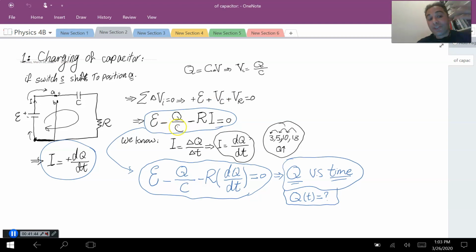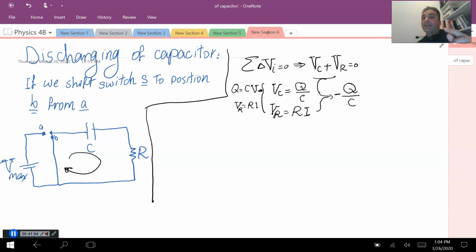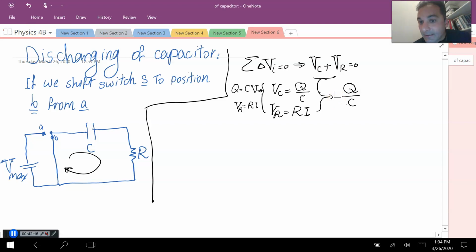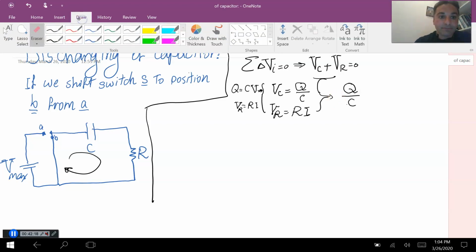Because when we charge a capacitor, the capacitor consumes energy, so it's negative. But when it is discharging, the capacitor acts like a very strong battery. So it's not a consumer anymore. That's why I'm not going to put this negative here. I hope you got this.